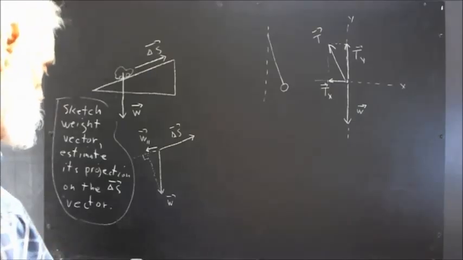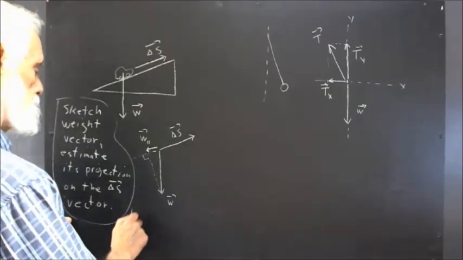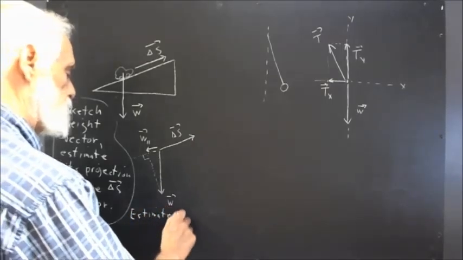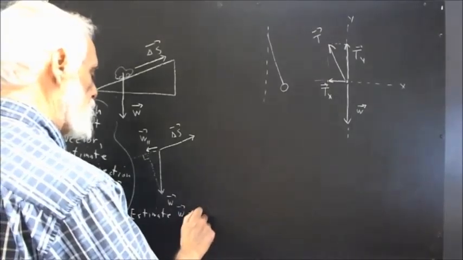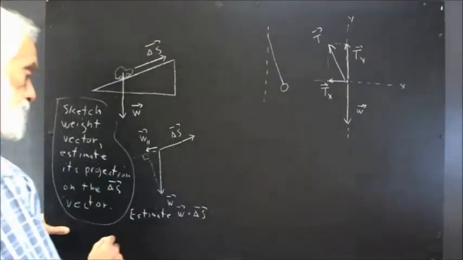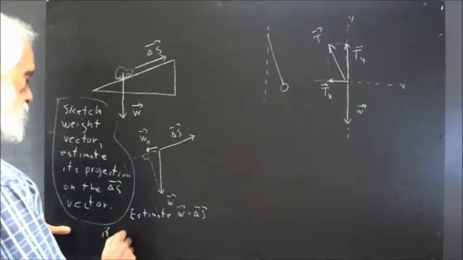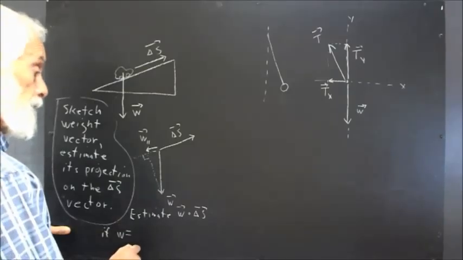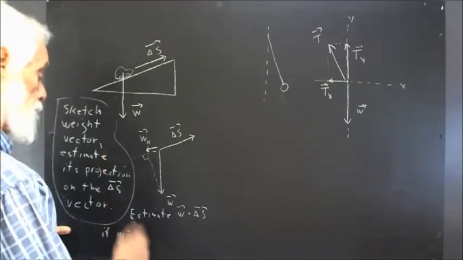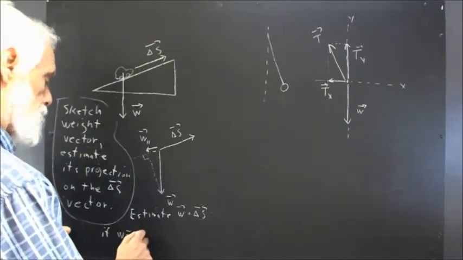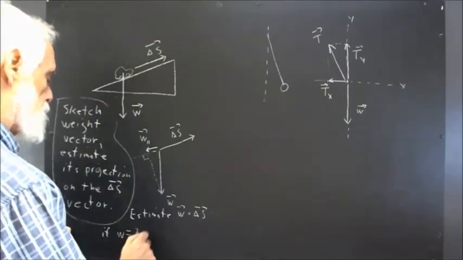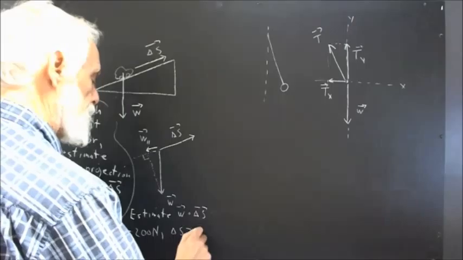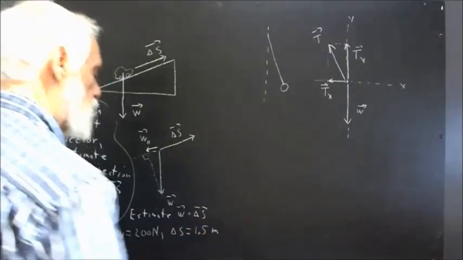Now let's say that I want you to estimate W dot delta S if the magnitude of W, without the absolute value sign, is, for that cart, let's say it's a heavier car than we've been using, let's say it's 200 newtons, and delta S equals 1.5 meters.